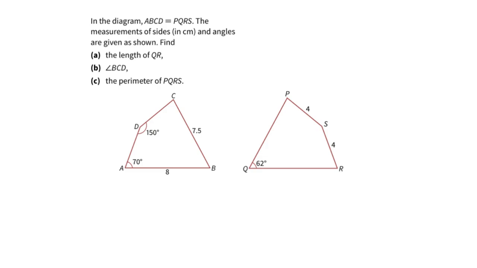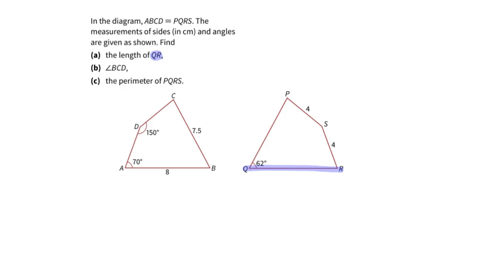Everyone, welcome to this video where we are given that the figure ABCD is congruent to the figure PQRS. Find the length of QR. So let's see for QR, Q to R. Let's see which length it is corresponding to.